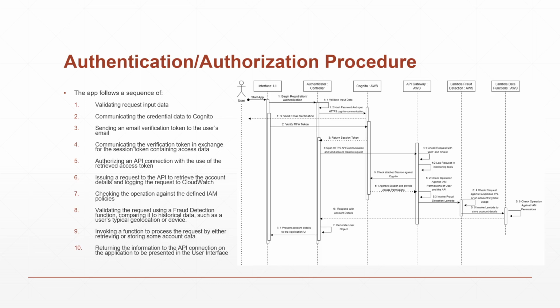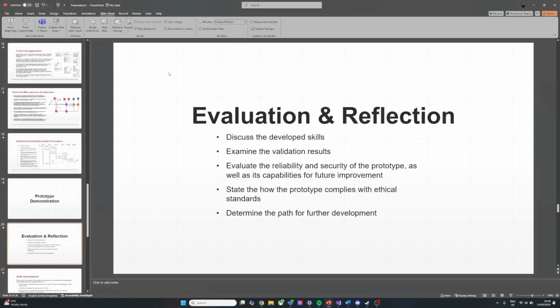And then we will return the relevant information via the API connection, which will be sent back as a response to the front-end application and presented in the user interface. Next, we will demonstrate the prototype workings.